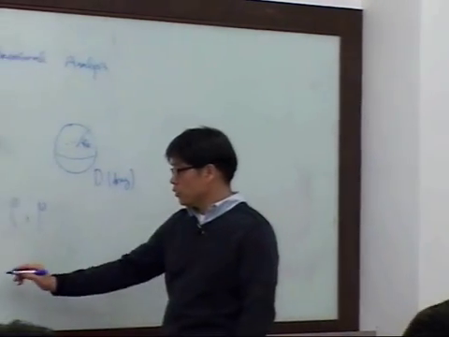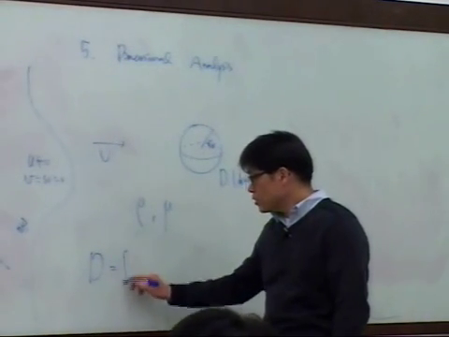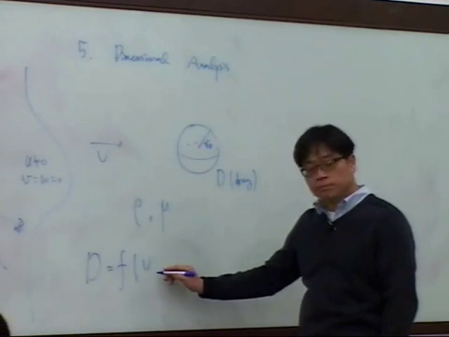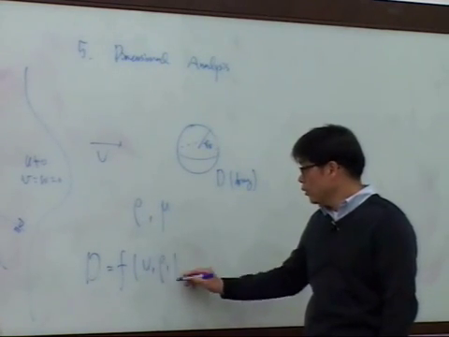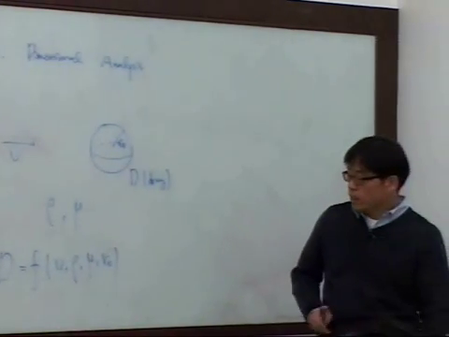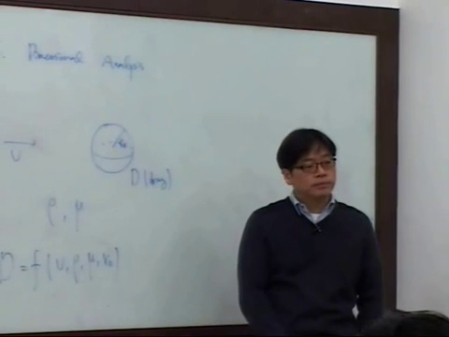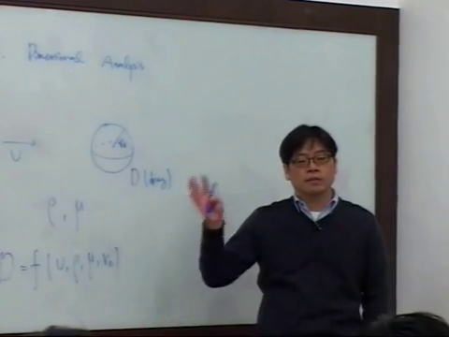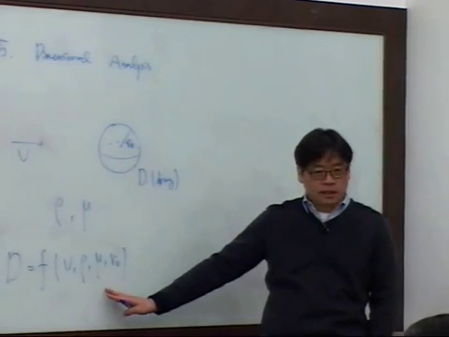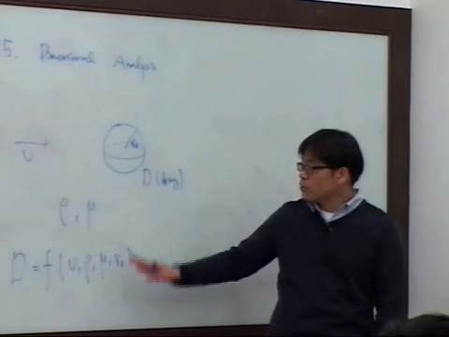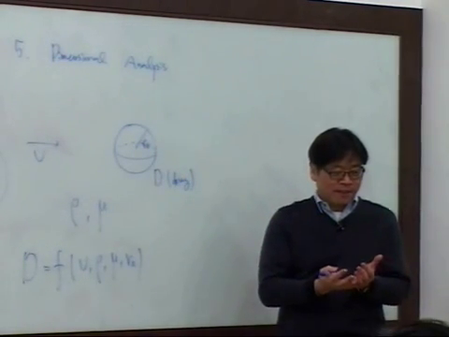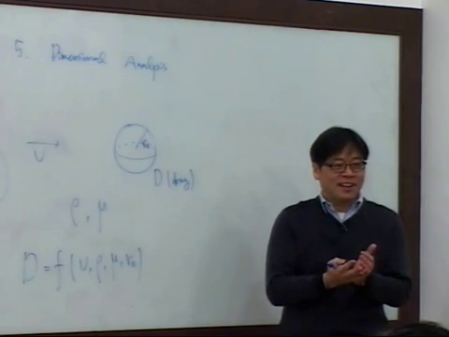So what we know is drag is some function of all the parameters, like velocity, rho, mu, and r naught. Can you think of any other dependence, given the fluid, given the sphere? I think that's it. Of course, I assume the surface of the sphere is very smooth, very clean.